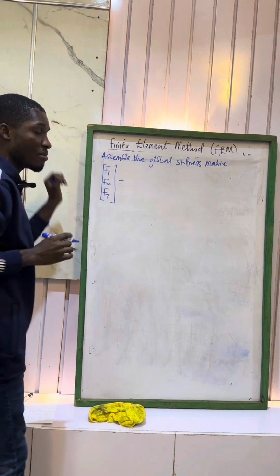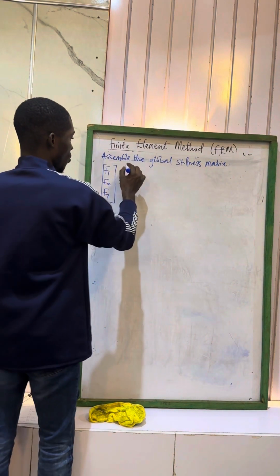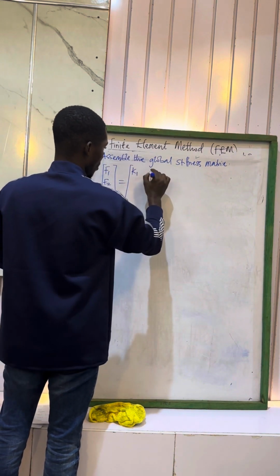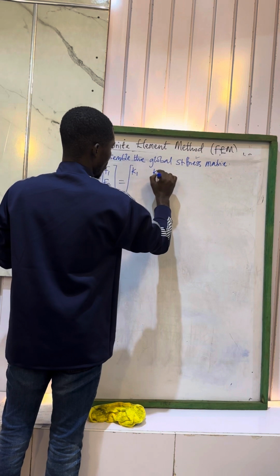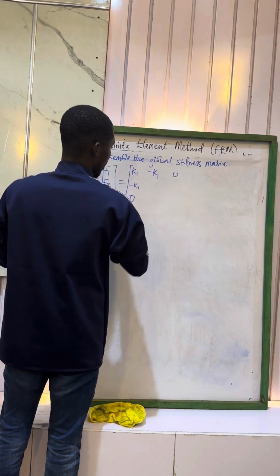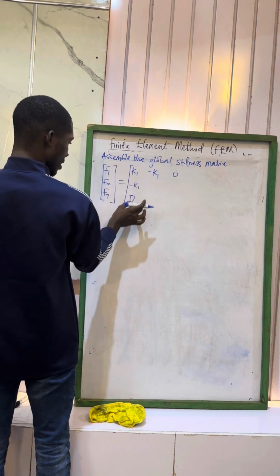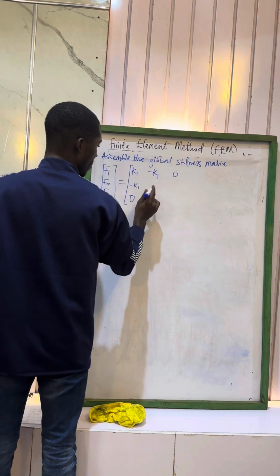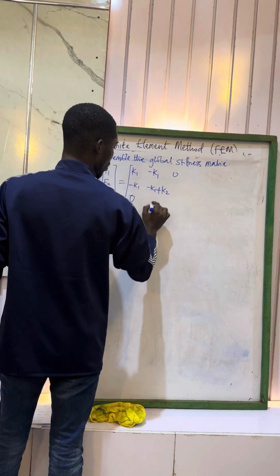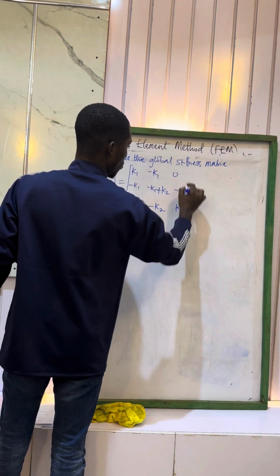Now remember that we have K1 and K2. From the previous notation I gave you, we have K1, minus K1, 0; minus K1, then this place is populated as K1 plus K2, then minus K2; then 0, minus K2, K2.